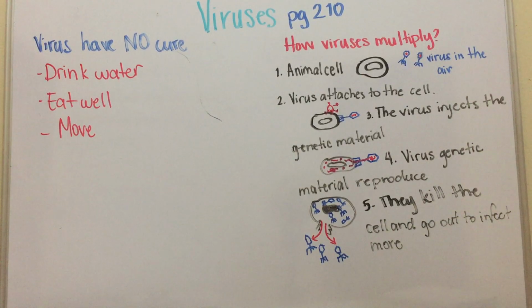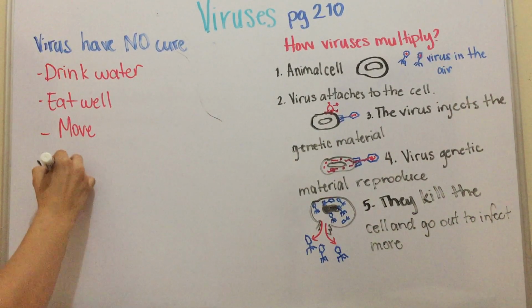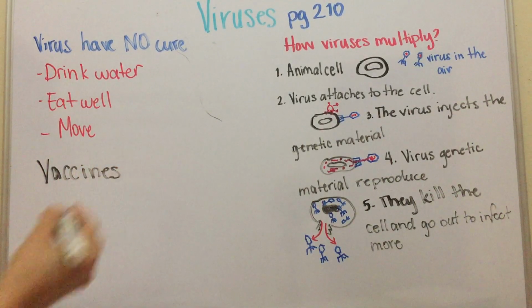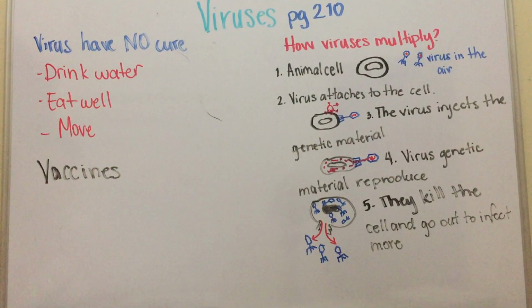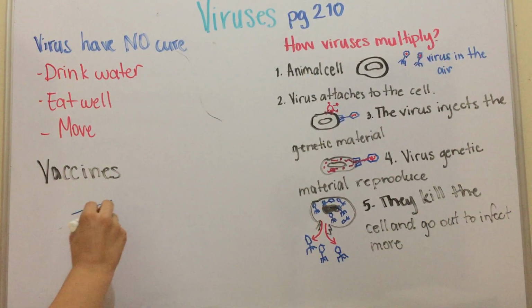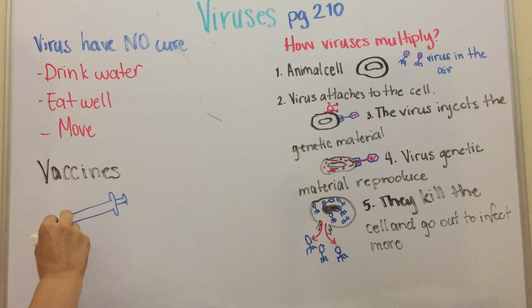There's something also really important when we're talking about viruses, and it's vaccines. Vaccines are vacunas, all right? I'm pretty sure all of you got a vaccine when you were 11 years old.